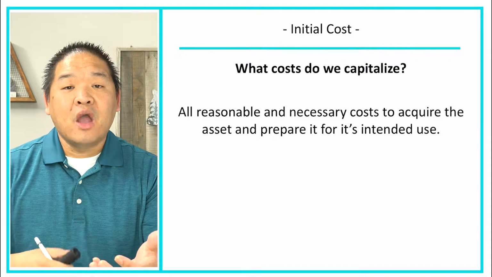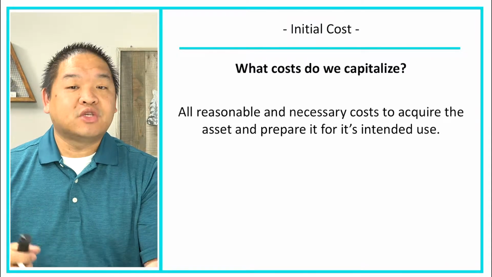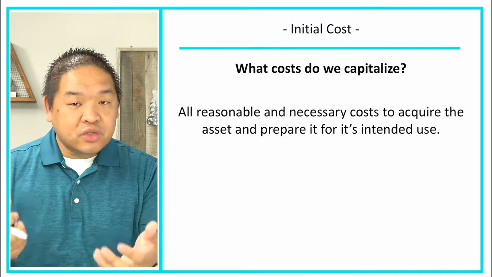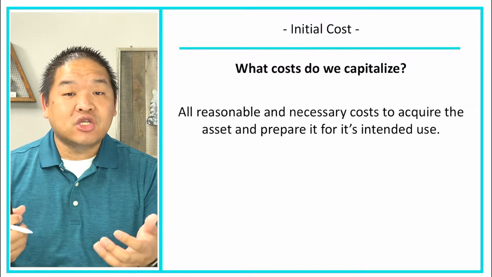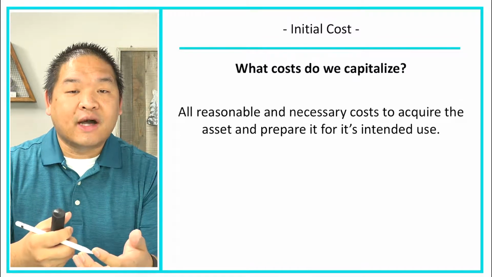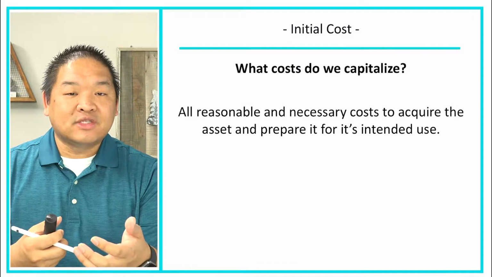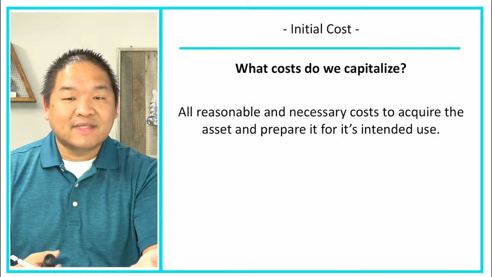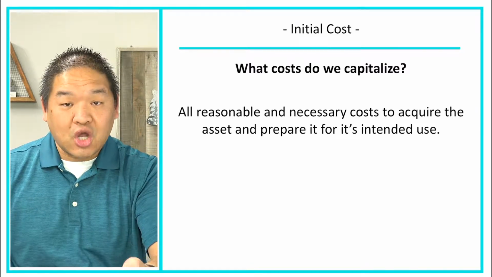So once we have that, we might have to pay someone, a specialist, to install certain software on it for us to use. Well, if we do that, the cost of that installation would go into the cost of the asset. So that asset is no longer the $699 plus the sales tax, it's $699 plus the sales tax plus the installation cost, okay?